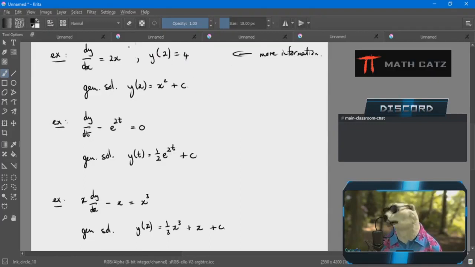Then I can say, okay, I have a differential equation. I need to find what these solutions look like in general. And now let's go a little bit further.